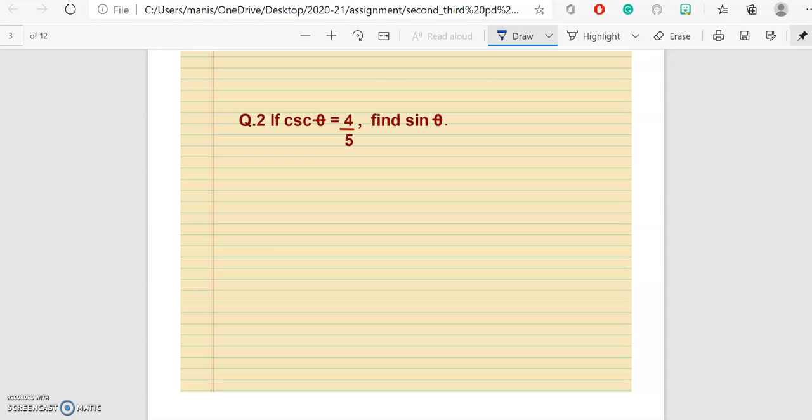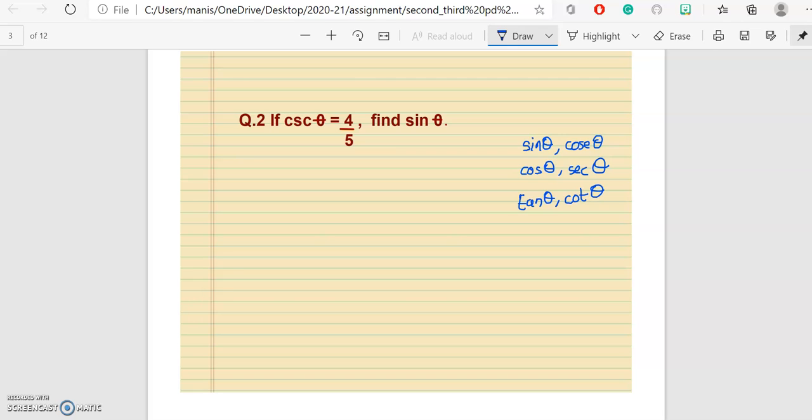If cosecant theta is 4 over 5, find sine theta. As you know, sine theta and cosecant theta are reciprocal. Similarly, cosine theta and secant theta are reciprocal, and tangent theta and cotangent theta are reciprocal.